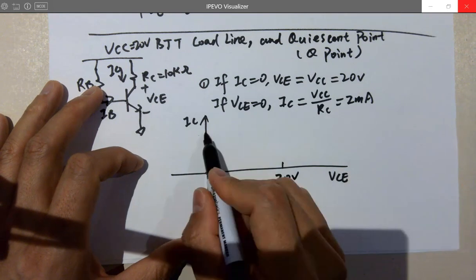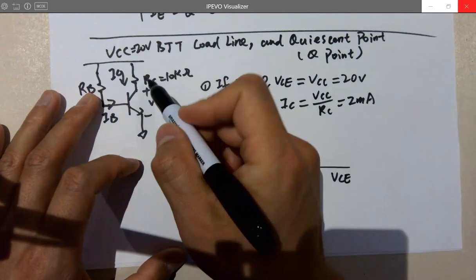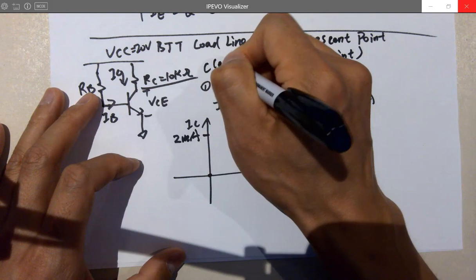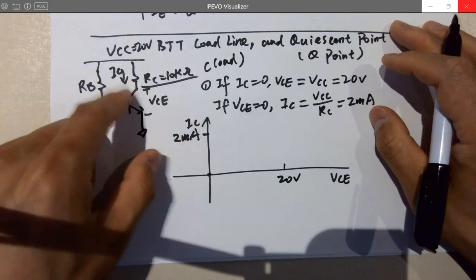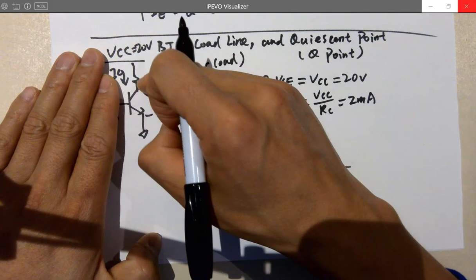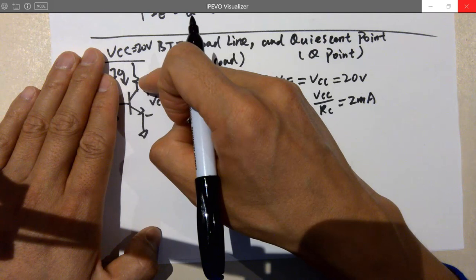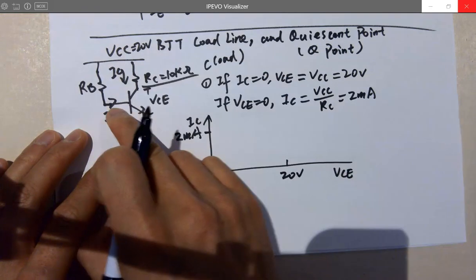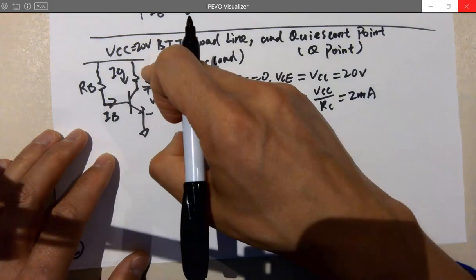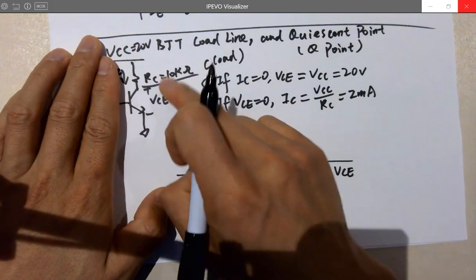When VCE is 0, IC is 2 milliamps. So RC is a load. Not because of this, okay? RC is a load because this is a transistor. And remember, you can plug in a motor here, an LED, whatever you want, and you can use a little current, amplified, to drive it. That's a little amplifier. So RC is a load.